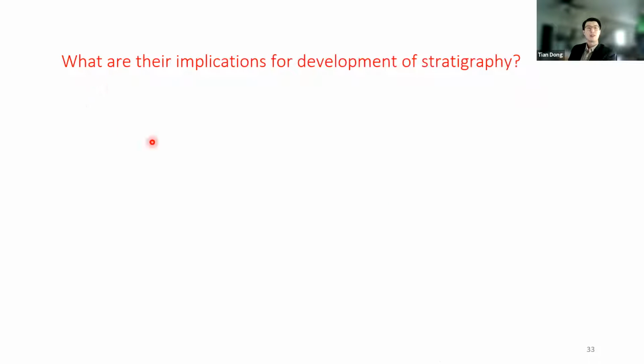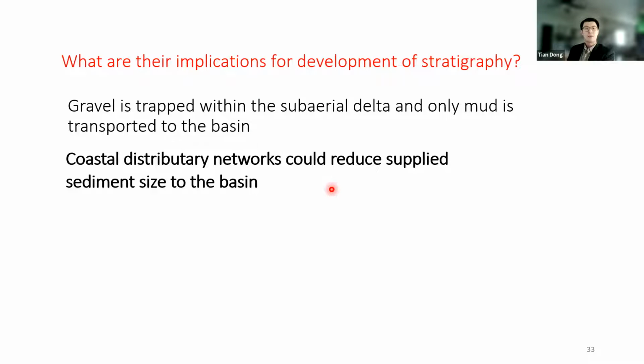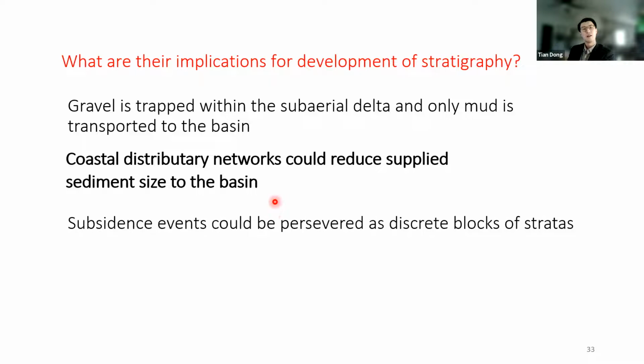So just to summarize, the earlier findings have strong implications on the development of stratigraphy in the lake. In particular, over a relatively short time scale, multiple millennia, gravel is actually trapped on the subaerial delta, and only mud is transported to the basin. And from a coastal system standpoint, this implies that coastal distributor networks over long time scales could reduce the supply sediment size to the basin.